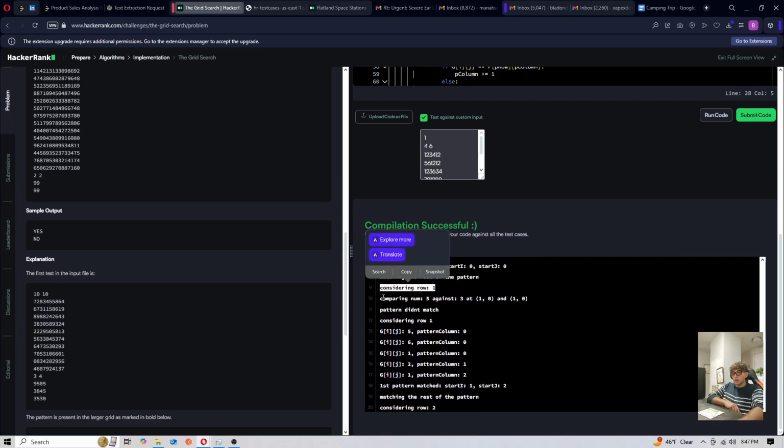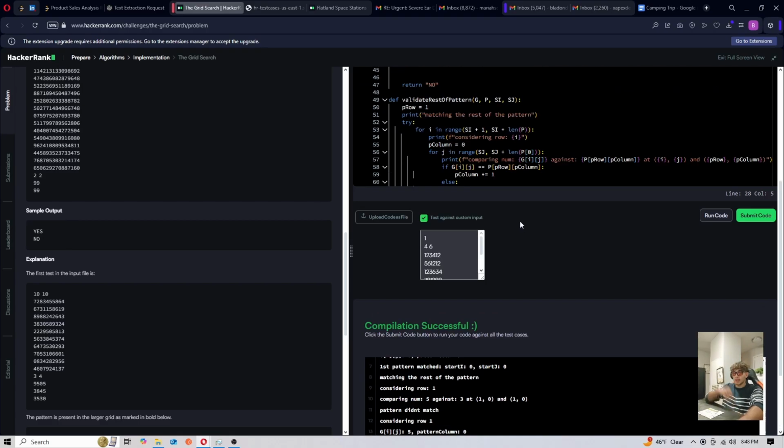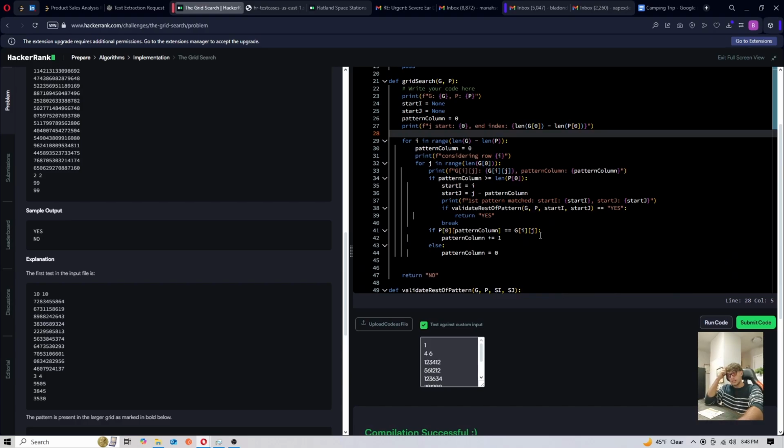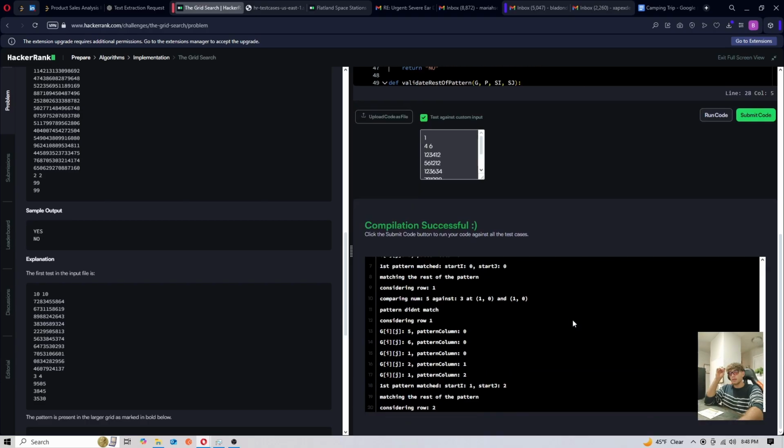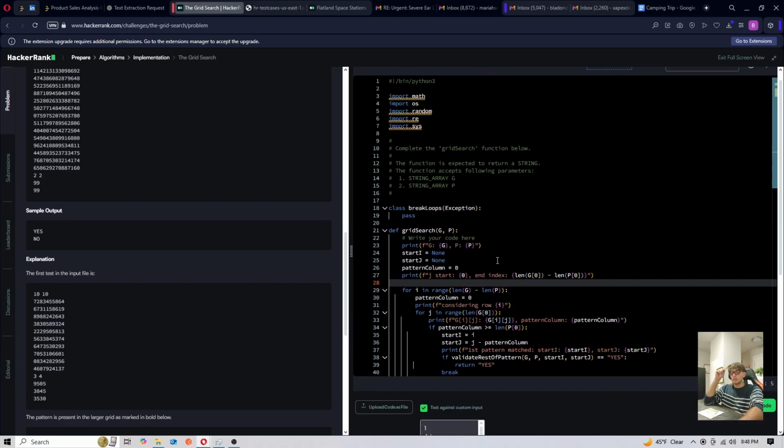Considering row 1, comparing num 5 against 3, considering row 1 again. It says that twice. Why does it say that twice? How is it possible for I to... I don't understand how that's possible. Is there 2 places where it says this?